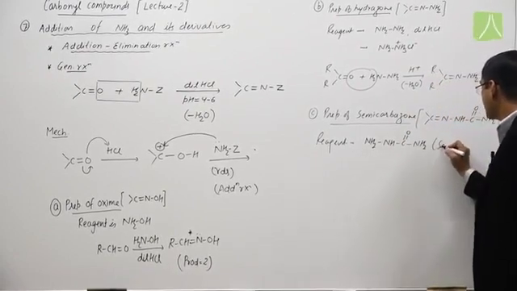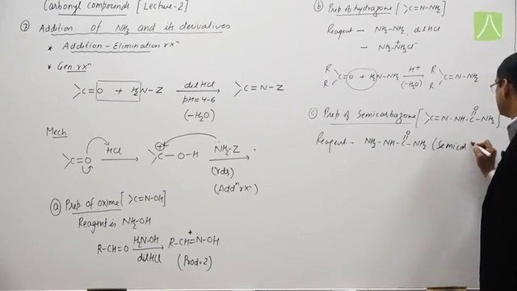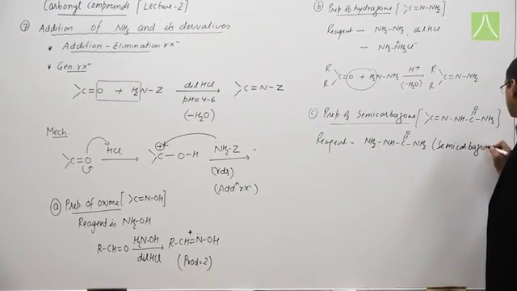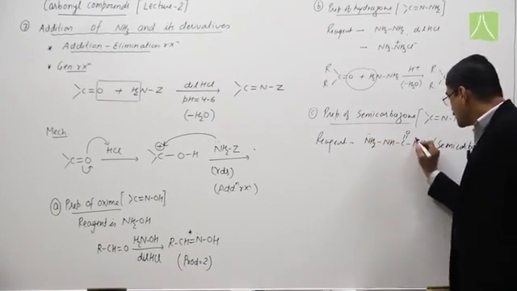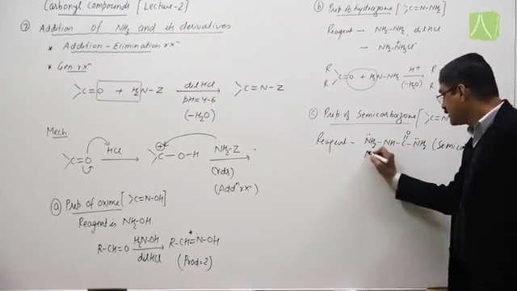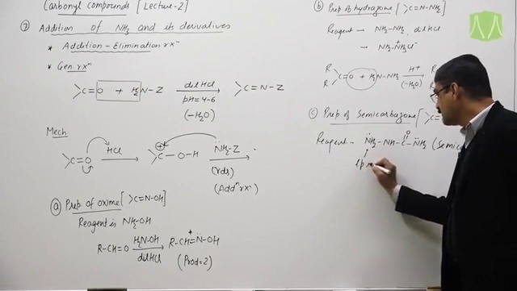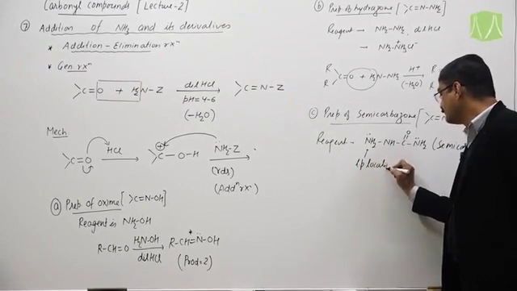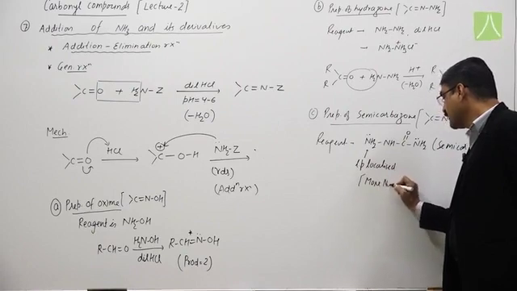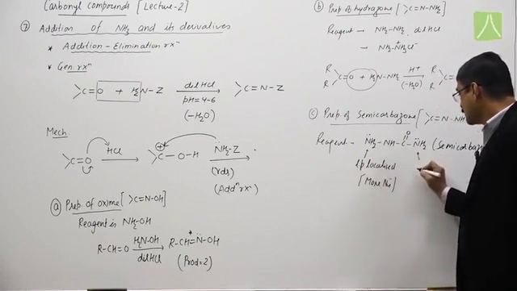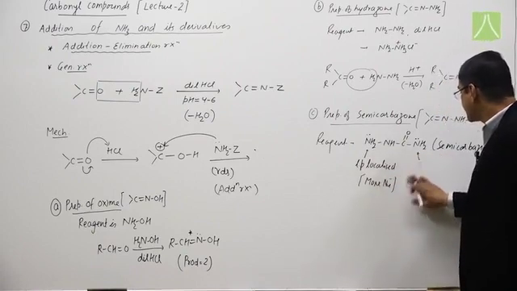It is known as semicarbazide. In semicarbazide, there are two NH2 groups, but this lone pair is localized, that is more nucleophilic. This lone pair is delocalized.